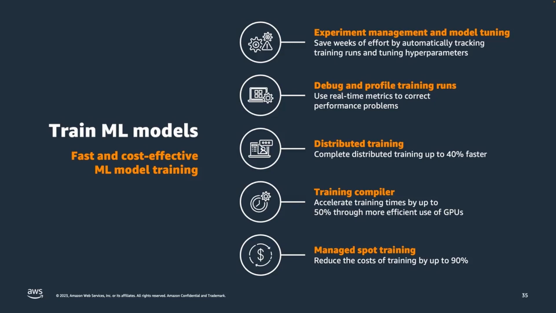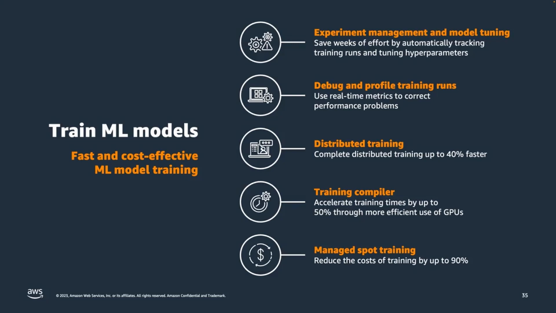You can also debug training jobs and automatically monitor utilization systems of resources such as GPUs, CPUs, and network bandwidth. All steps of a training workflow can be automated so you can scale to thousands of training experiments.